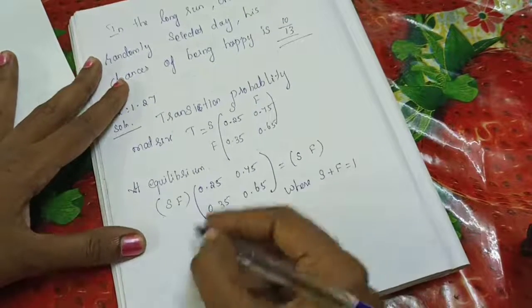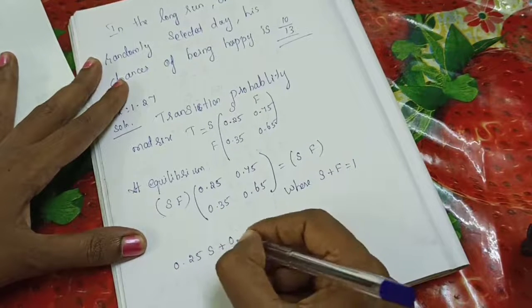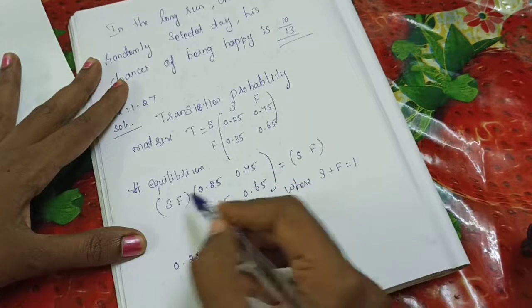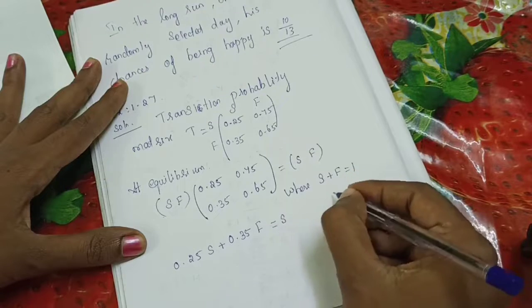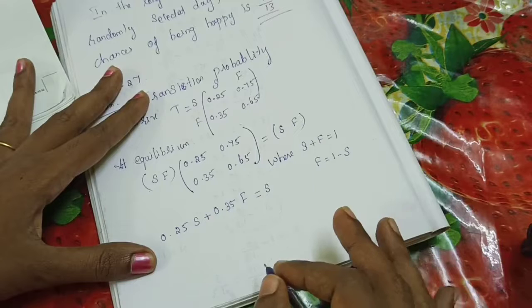Okay. So now multiply 0.25 into S plus 0.35 into F. First row with column, this row with this one, is equal to S. So already you know F is equal to 1 minus S. So same procedure for each and every question.